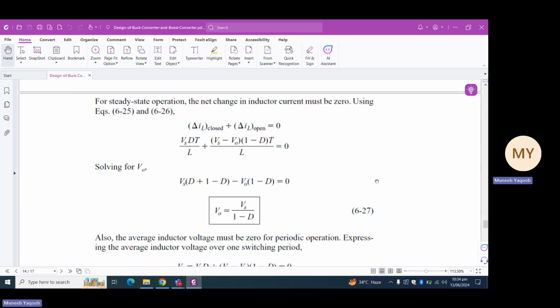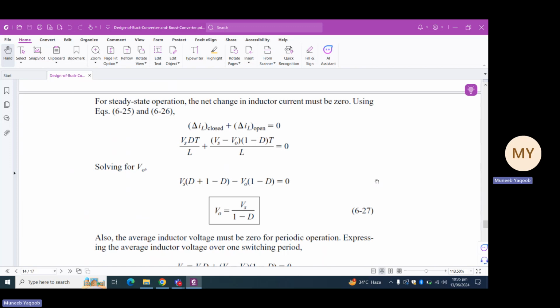Now consider this equation 6.27. It is a very interesting situation. If we take d equal to 0.5, the output voltage becomes V out equals Vs upon 1 minus 0.5, that is Vs upon 0.5, which means the output voltage V out is equal to 2Vs.